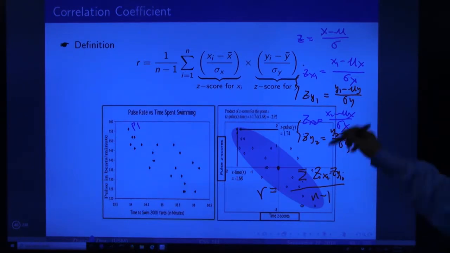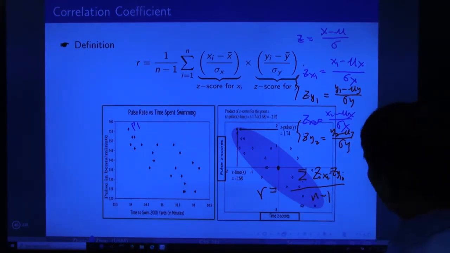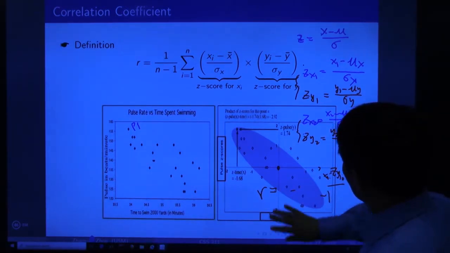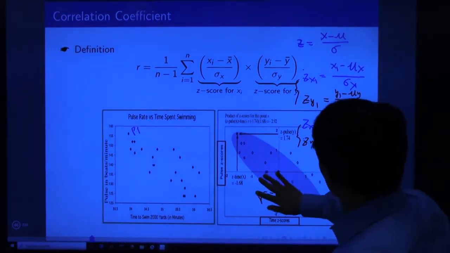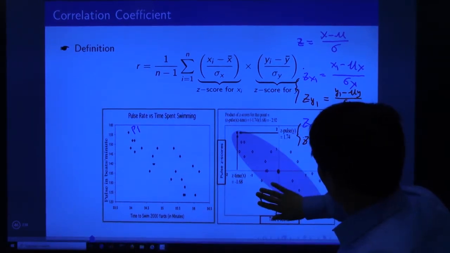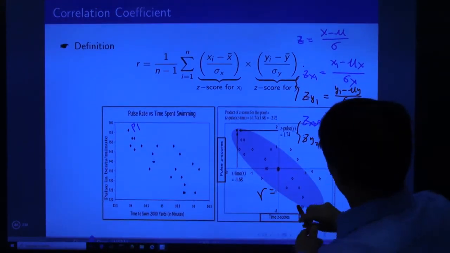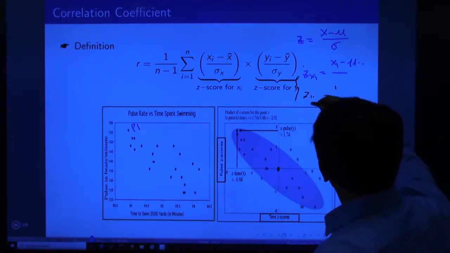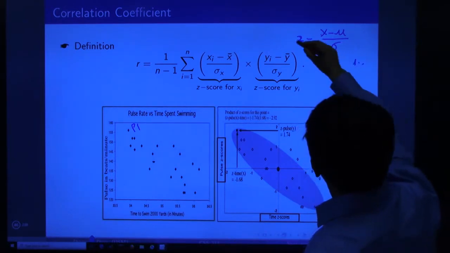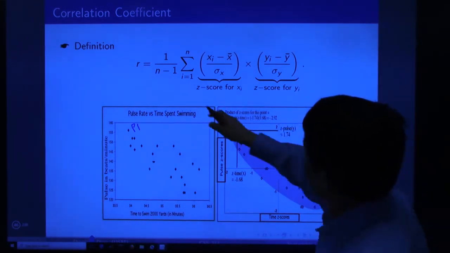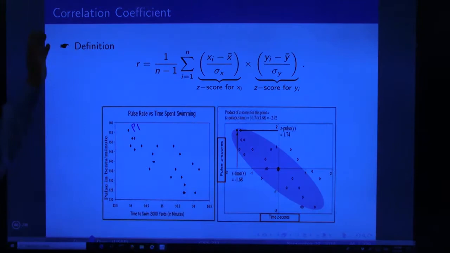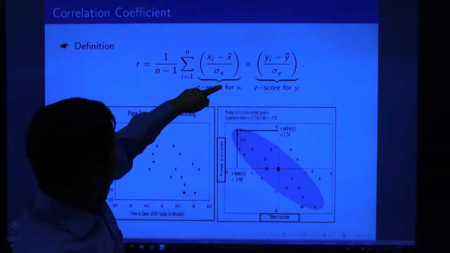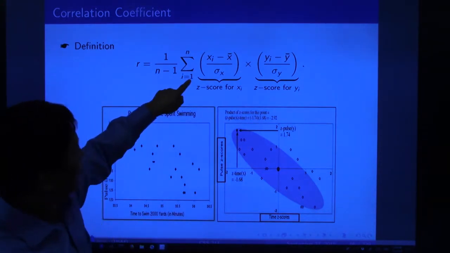We summarize all this with a formula, which is here. So r is called the correlation coefficient. r equals the summation from i equals 1 to n.